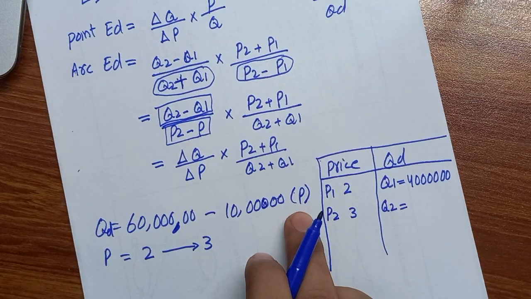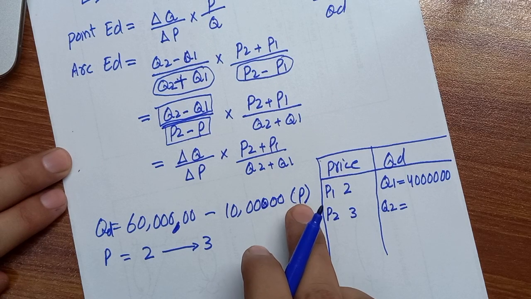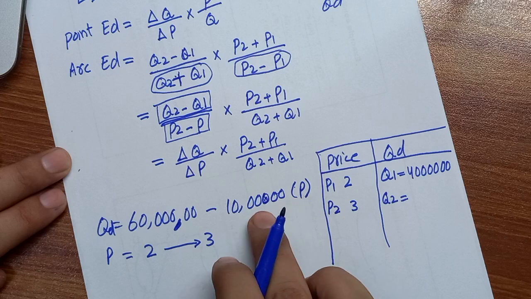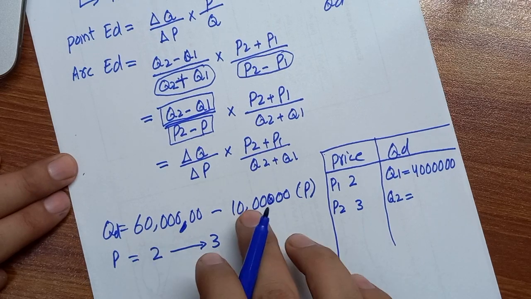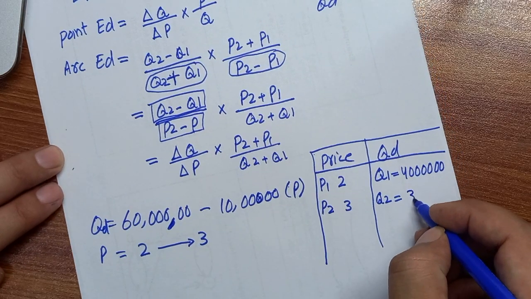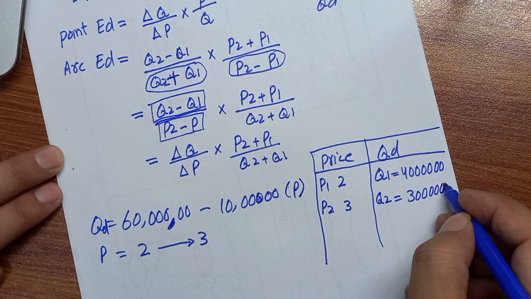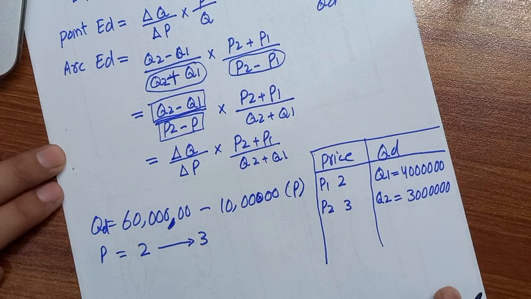So here when we put 3 instead of P, 3 multiplied by 1 million, we will get 3 million, and from 60 million we will subtract 3 million, we will get 30 million only. How many zeros do we need?